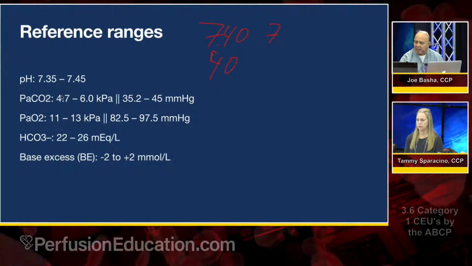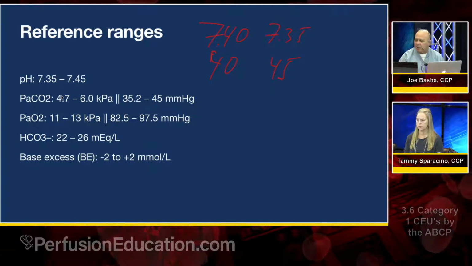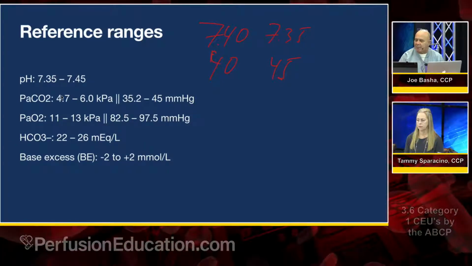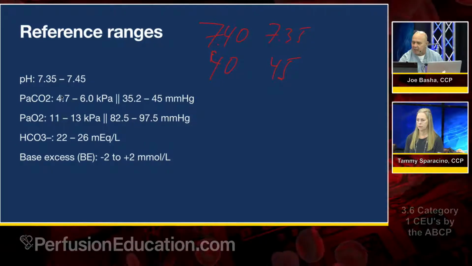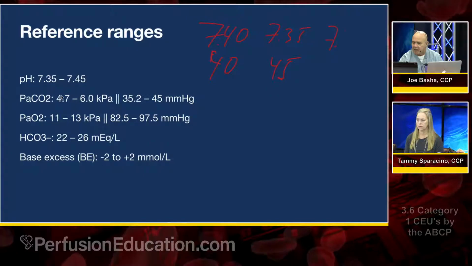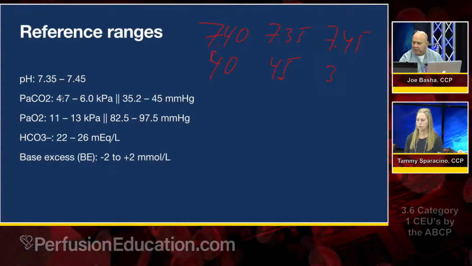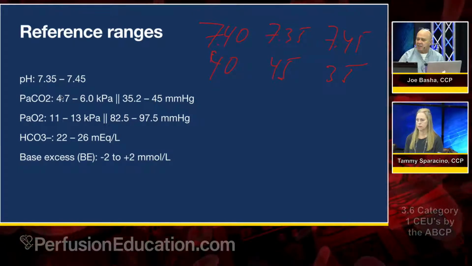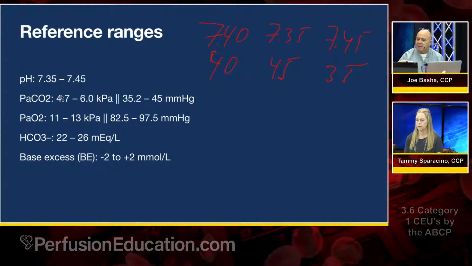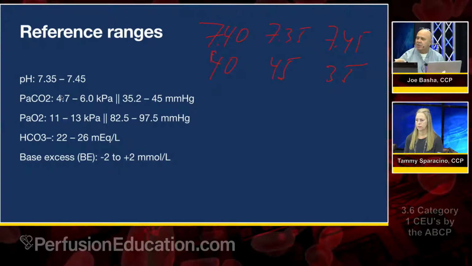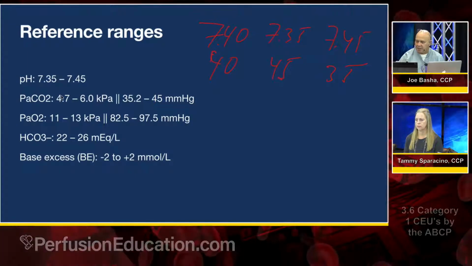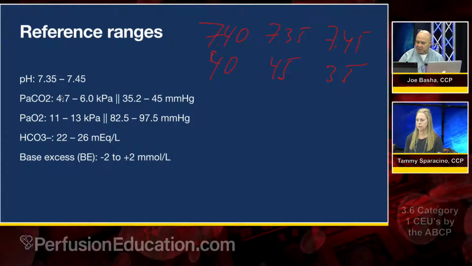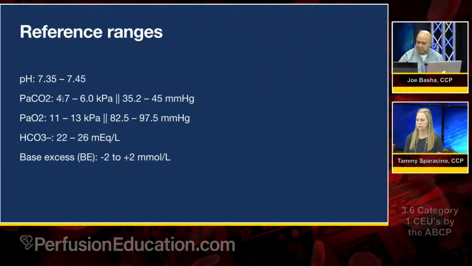That's a balanced equation, for lack of a better way to describe it, which would be the same as 7.45 and 35. So your pH and your PCO2 are tremendously interrelated, and that's important to remember, as you'll see as we go further.